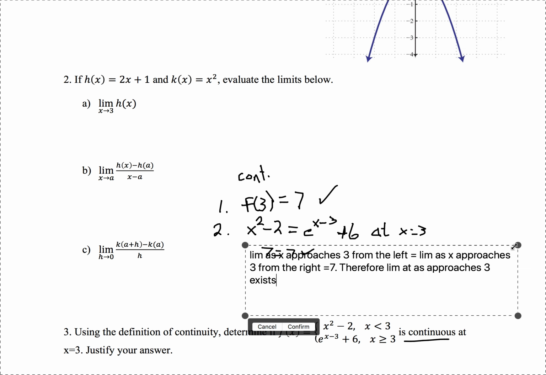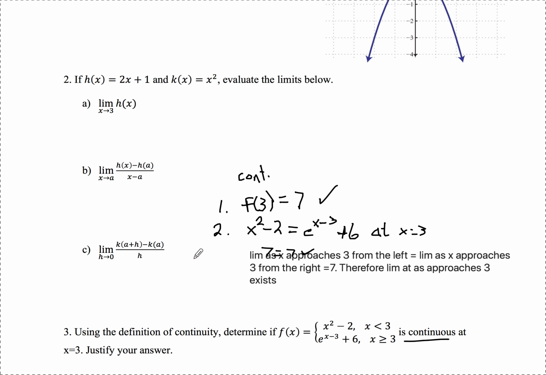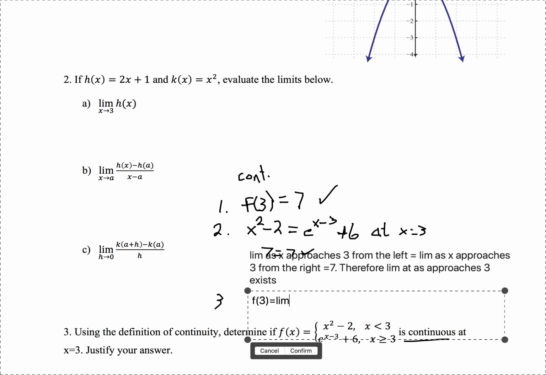And then remember, the third thing we have to do to prove continuity is state that the limit equals the point, and we are finished. So step 3 here, we'll type that in too so we can speed things up. Step 3 here is that f of 3 equals the limit as x approaches 3, which equals 7.